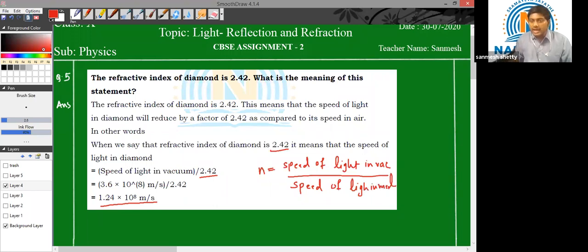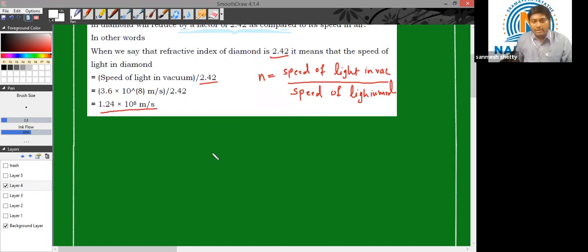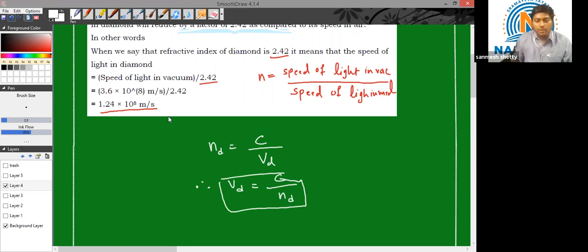So here I have n, which is refractive index of diamond, let us say. So it is equal to speed of light in vacuum divided by speed of light in diamond. Therefore, speed of light in diamond is equal to speed of light in vacuum divided by the refractive index, which is what we have done in the problem. This formula only we have used here.